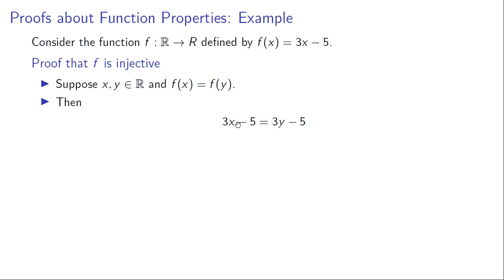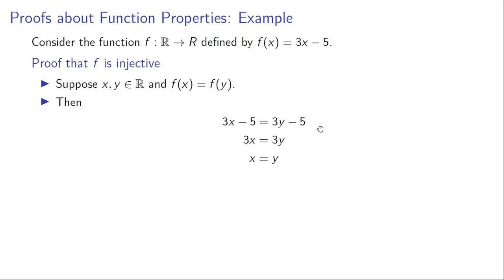F of x is 3x minus 5. What is f of y? Based on the definition of the function, it is 3y minus 5. So if f of x is equal to f of y, that means 3x minus 5 is equal to 3y minus 5. Now I can add 5 to both sides, so I have 3x is equal to 3y. I can divide both sides by 3, so I'm left with x is equal to y.